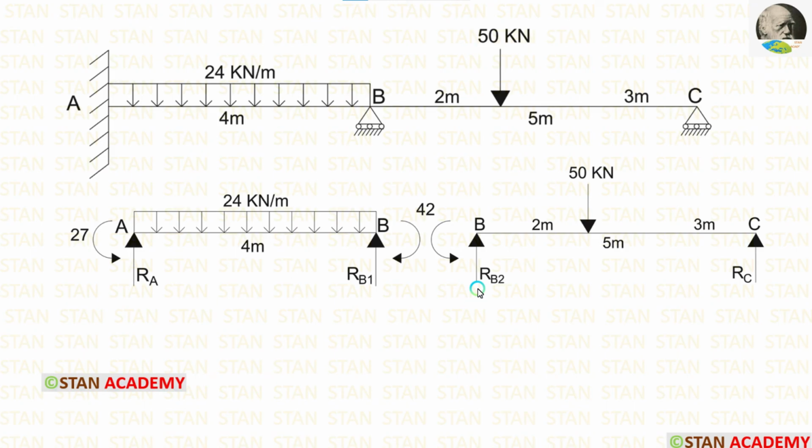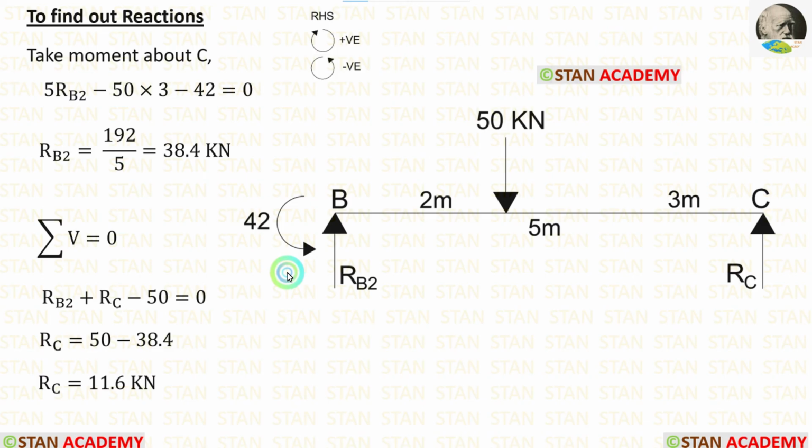Now let us calculate the vertical reactions in the span BC. In the span BC there is a moment MB which is acting in the anticlockwise direction. In this span, first I am going to calculate RB2. For that I am going to take moment about C. RB2 is acting towards the point C in the clockwise direction, so it will be positive and the distance is 5, so 5 RB2.